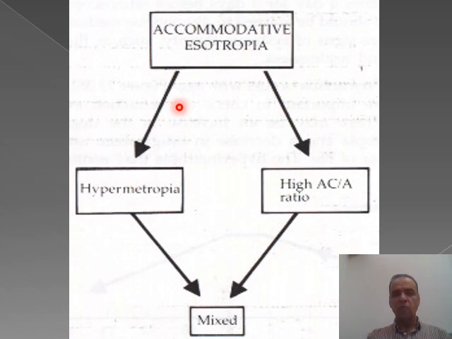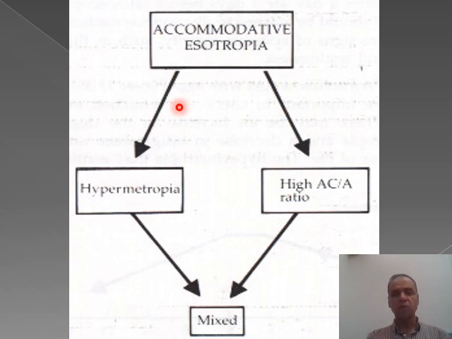So when any one movement occurs, the other two usually occur by stimulation through the central nervous system. There is a normal relationship between accommodation and convergence. Each one diopter of accommodation is usually associated with 4 to 5 prism diopters of convergence.